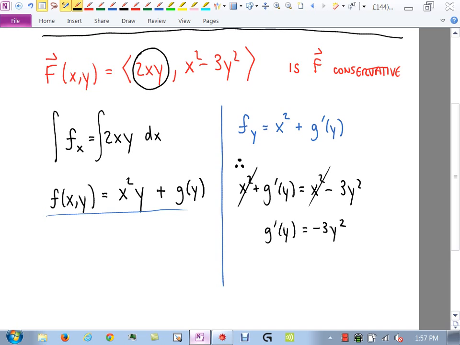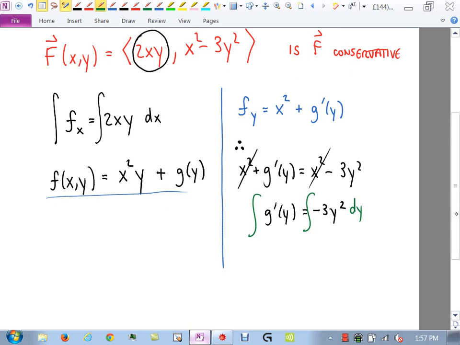Integrate again with respect to y, can't I? So if I now integrate with respect to y, I'll put dy out here. What's the left side? G of y. And then the right side, negative y cubed plus some constant, right?